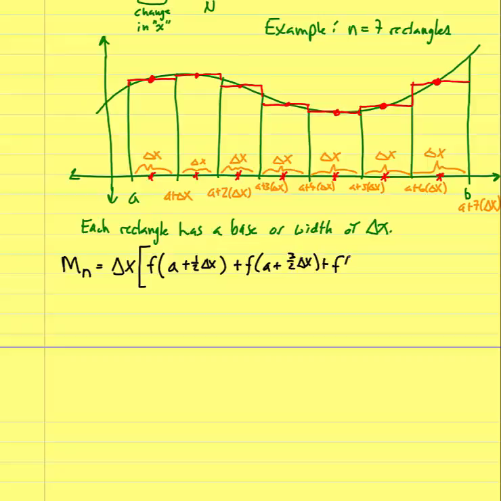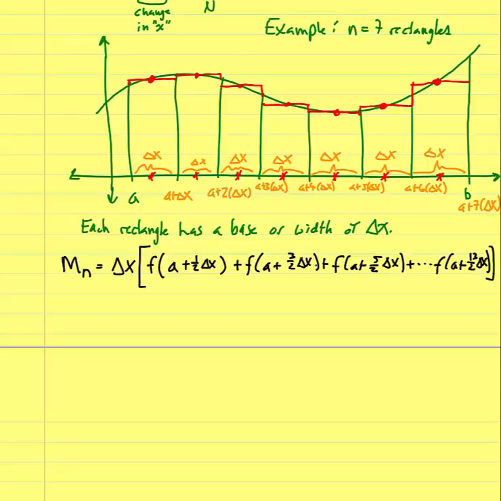And you'll get the trend here pretty quick. A plus 1/2, 3/2, we'd have 5/2 delta x. Okay, so let's go ahead and keep counting. 1, 3, 5, 7, 9, 11, 13. So this is going to go all the way up to f of a plus 13/2 delta x.